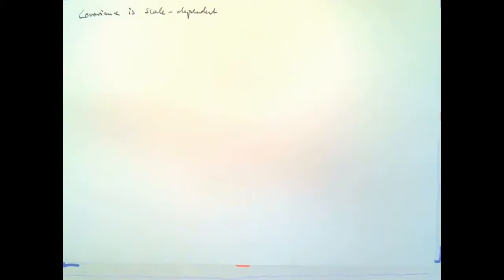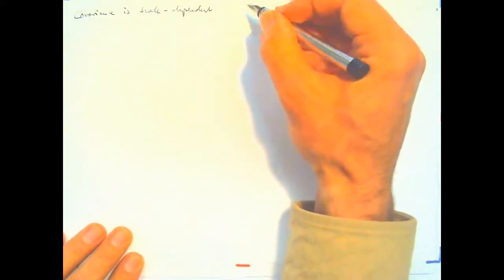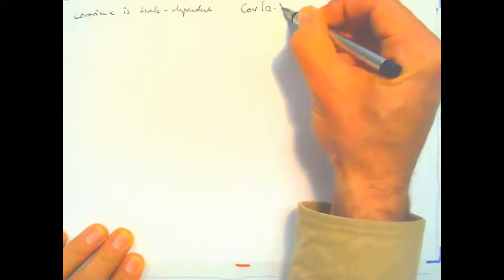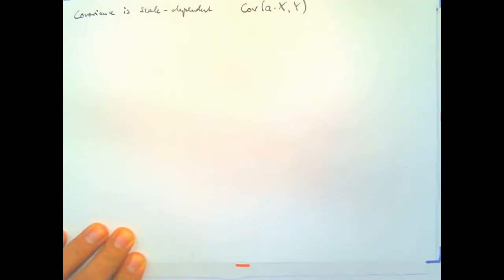However, sometimes we're just interested in how closely two random variables are associated, and we want this measure to be independent of the units used. So let's say if I measure length in millimeter or in kilometer, and let's say weight, I want to get out a measure of association which is independent of the units.